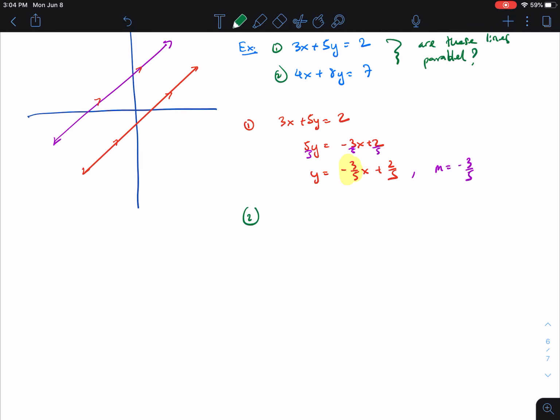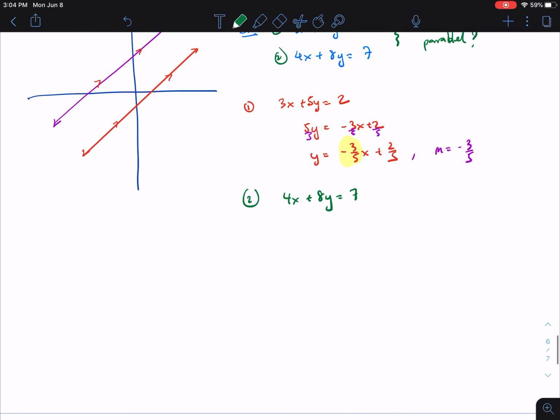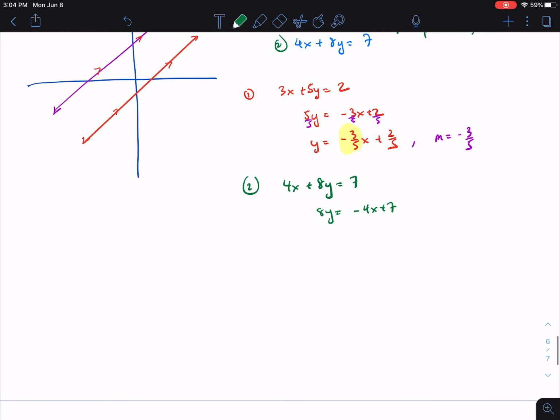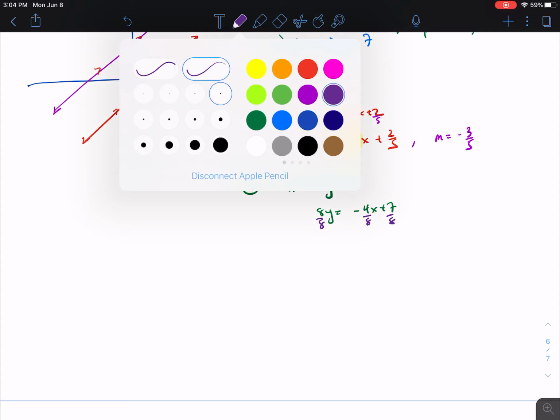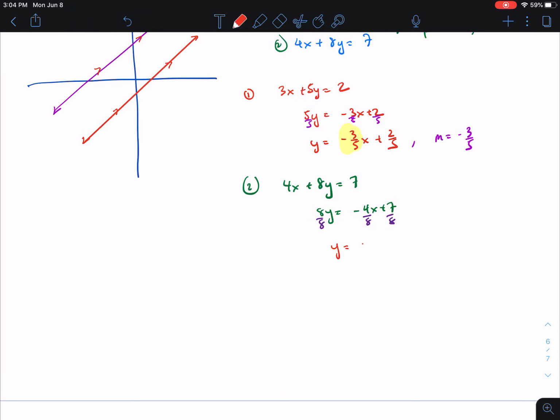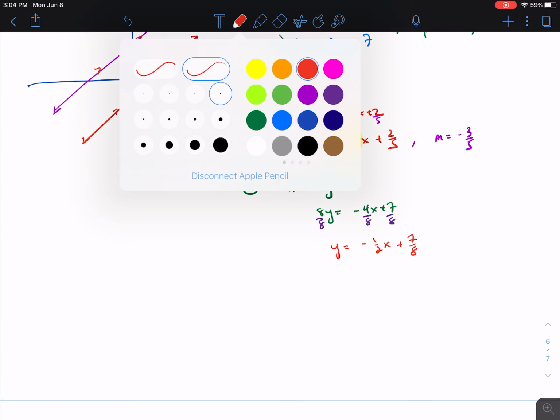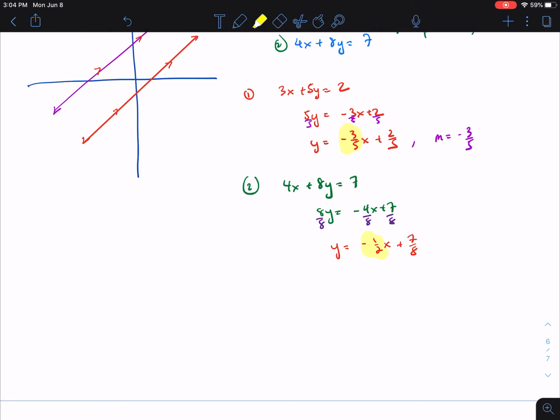So let's find out. 4x plus 8y equals 7. Subtract 4x to the other side, we get 8y equals negative 4x plus 7. Divide both sides by 8, and that gives us y equals negative 1/2 x plus 7/8. So the slope in this case is negative 1/2, so m is negative 1/2.